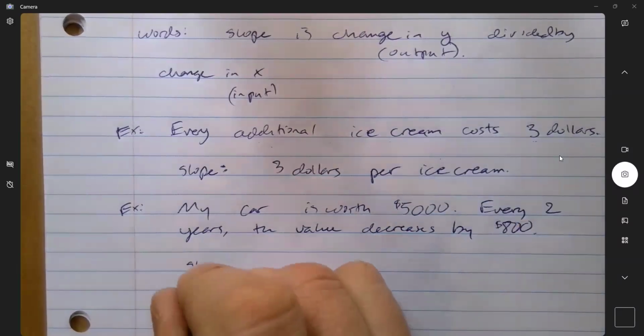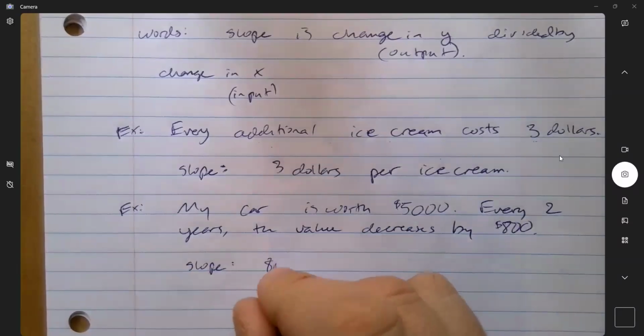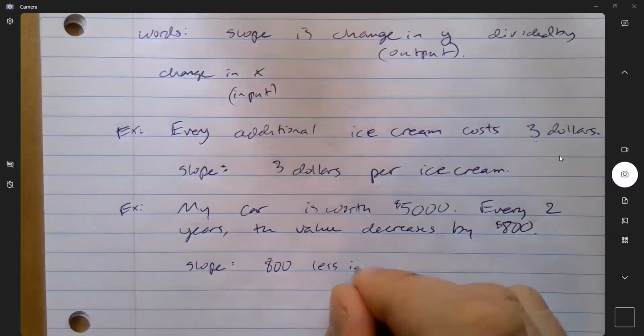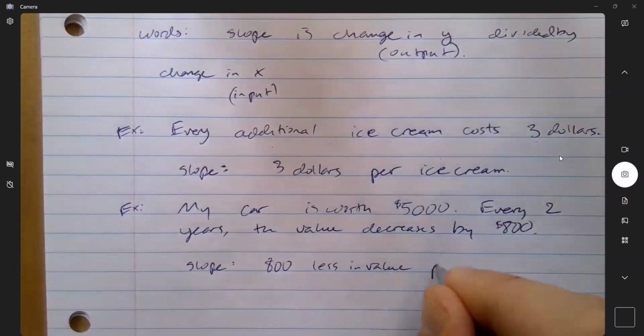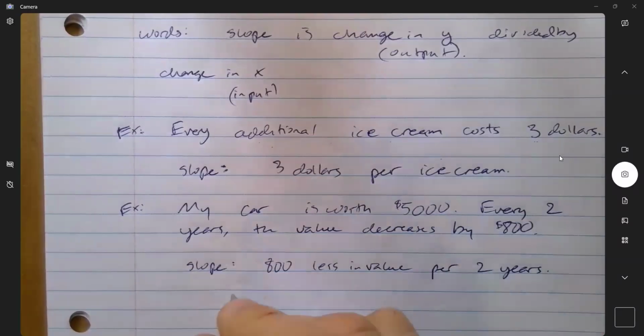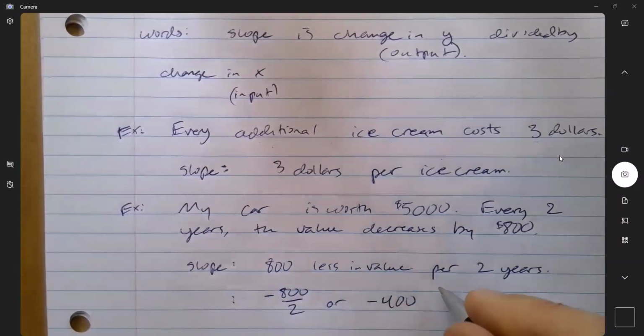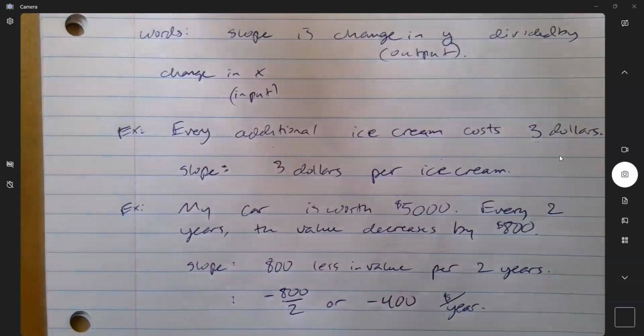So in this case, the slope would be $800 less in value per 2 years, which if we switch to our numerical, we might say is minus 800 over 2 or minus $400 per year. That's how you pull the slope out of your words representation.